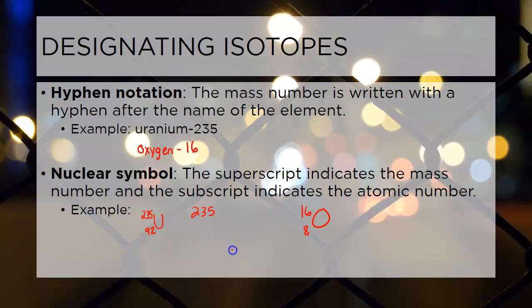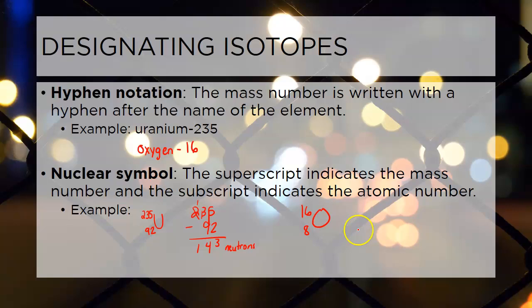So this tells me that uranium-235 has 143 neutrons, and oxygen-16 has, like we said, 8 neutrons. Because the mass number is protons plus neutrons, if you ever need to figure out the number of neutrons, we take the mass number minus the atomic number.